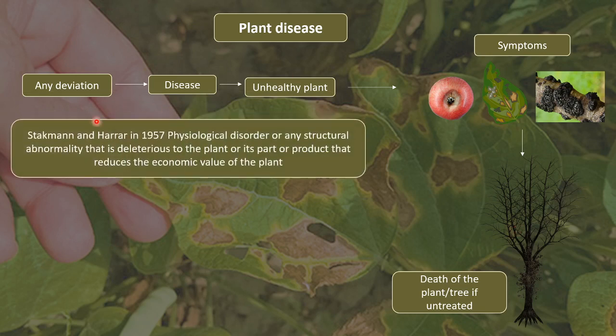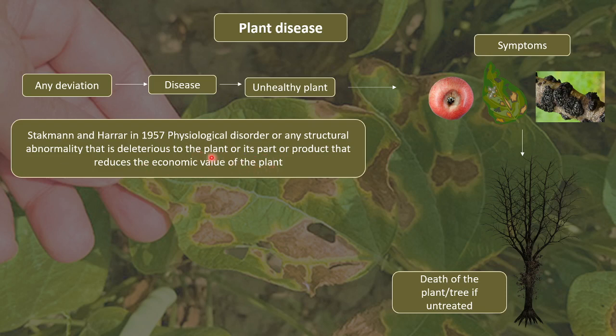Now, Steckman and Harrer in 1957 defined plant disease as a physiological disorder or any structural abnormality that is deleterious to the plant. So, physiological disorder means that the plant has some disorder in its physiological functions, or there are structural abnormalities, meaning you can see changes in its structure, and these are deleterious to the plant, that is, causing harm or damage to the plant or its part or product, that reduces the economic value of the plant.